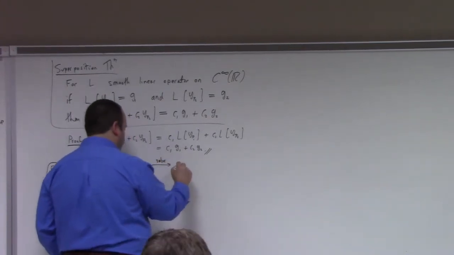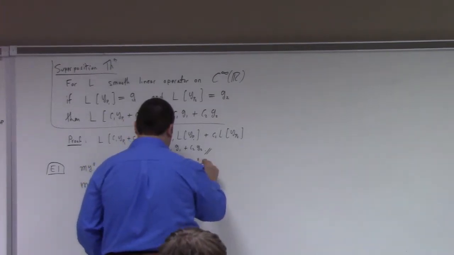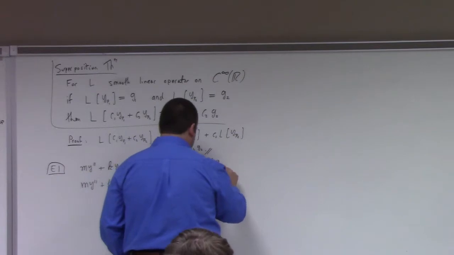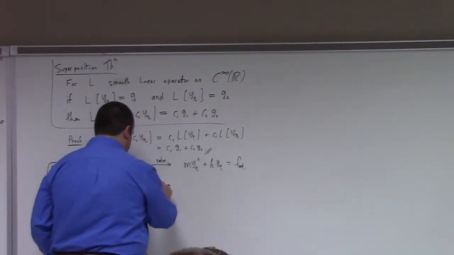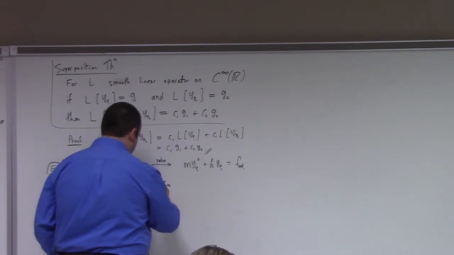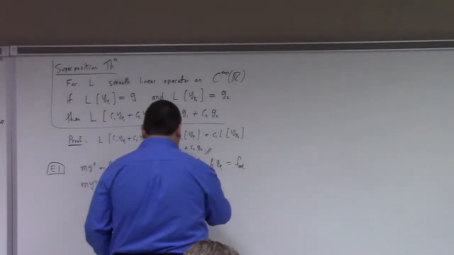And you could obtain myp1'' plus kyp1 equal to f external 1, right? And we could solve the second problem, and find a second particular solution for that second external force, with the same homogeneous piece, right?